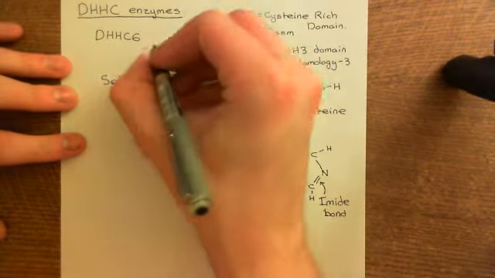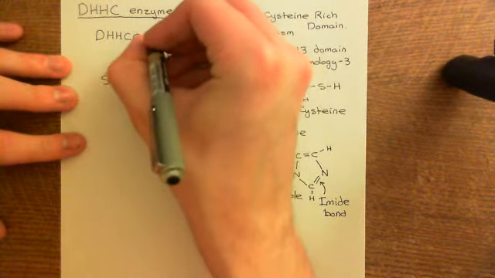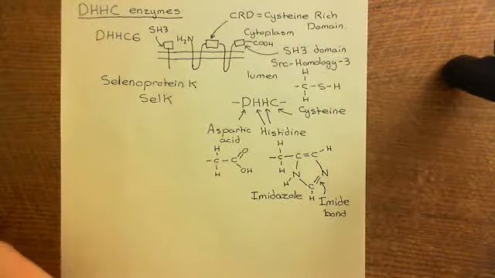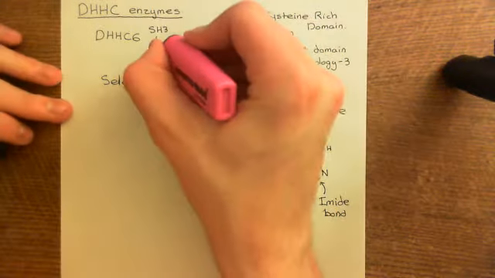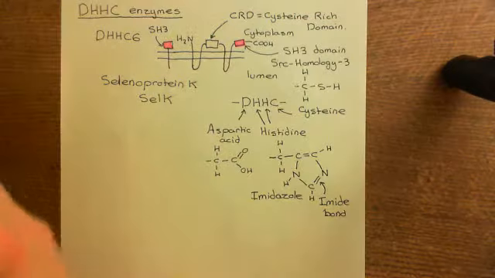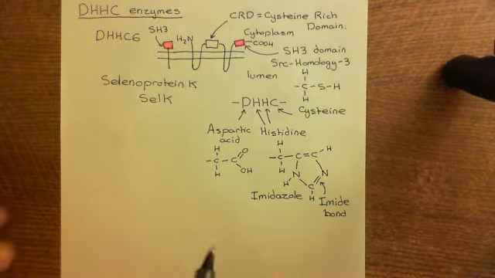Basically selenoprotein K on its cytoplasmic domain has an SH3 domain, and what's going to happen is this SH3 domain of selenoprotein K will bind to this SH3 domain of DHHC6.